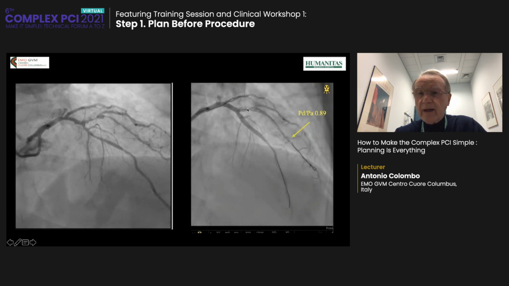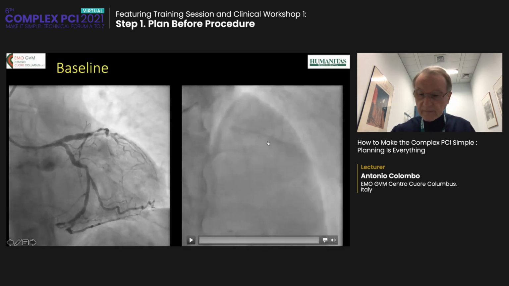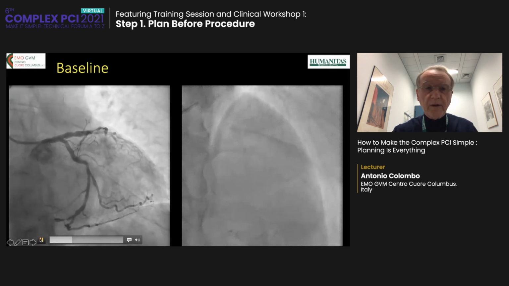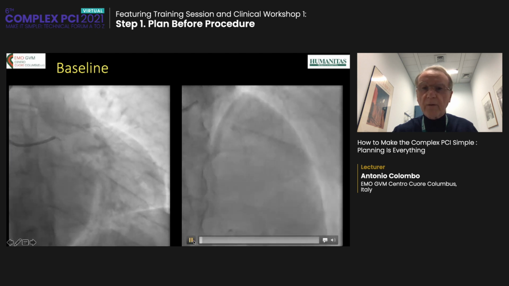You see a dissection, but the pressure measurement utilizing a pressure wire to do the PCI... Let me come back. There was 0.89 and was not critical, and we just used a drug-coated balloon.